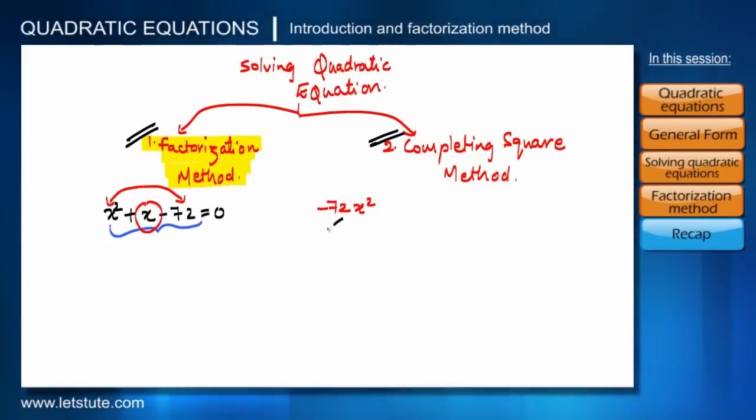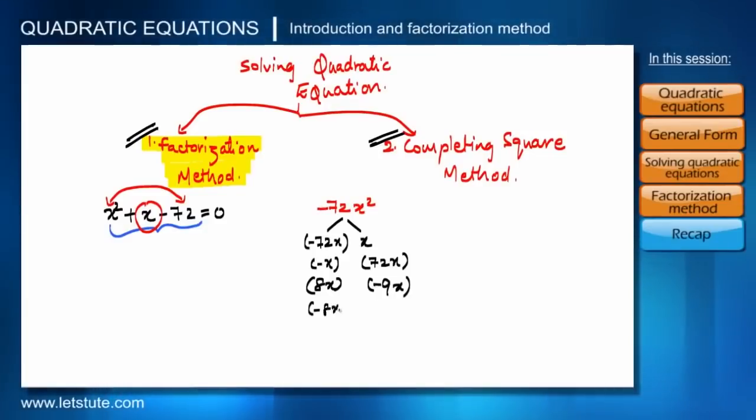Now we are looking for two factors of minus 72x square. So minus 72x square can be written as a product of minus 72x and x, or minus x into 72x, or 8x into minus 9x, or minus 8x, 9x.